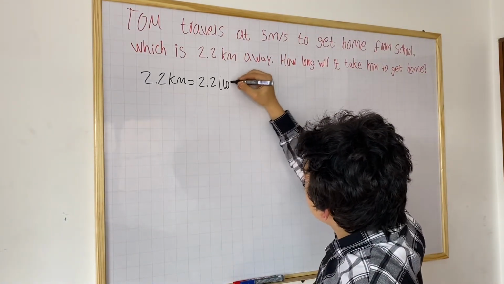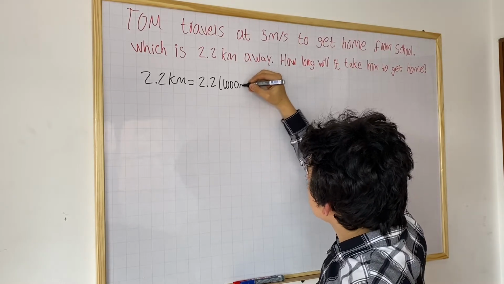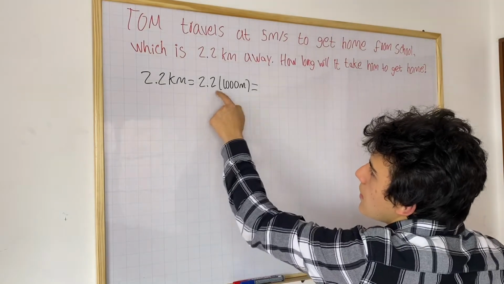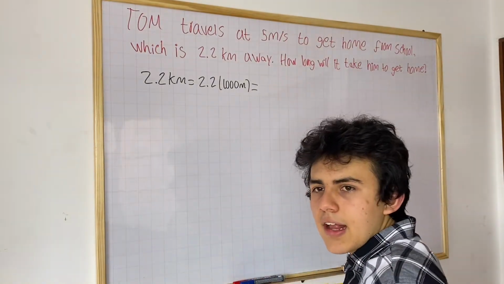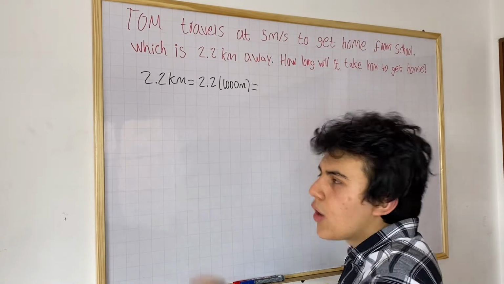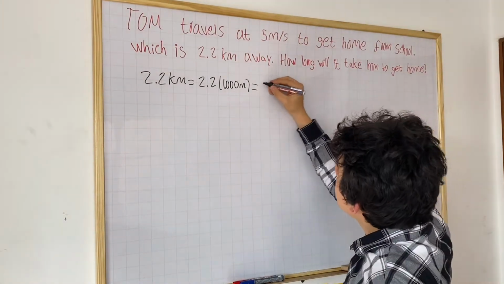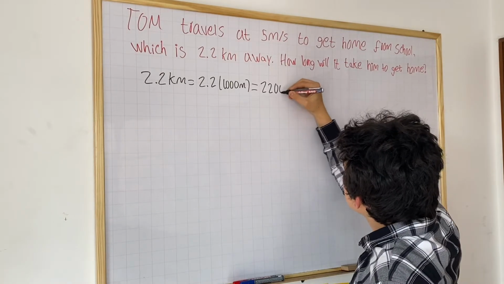So this is times 1,000 meters. Now this would be equal to the 0.2. You can just take it as adding 0.2 of 1,000 to 2,000 meters, so you would have 2,200 meters.